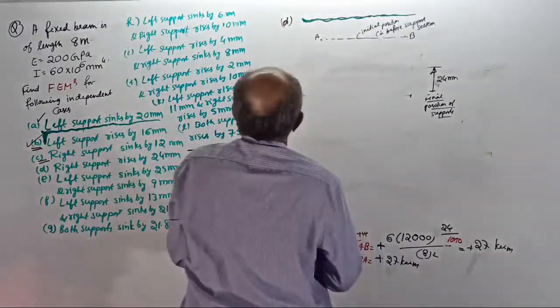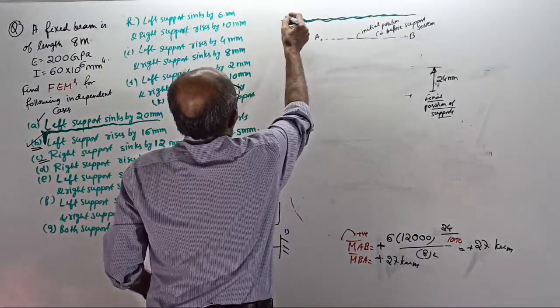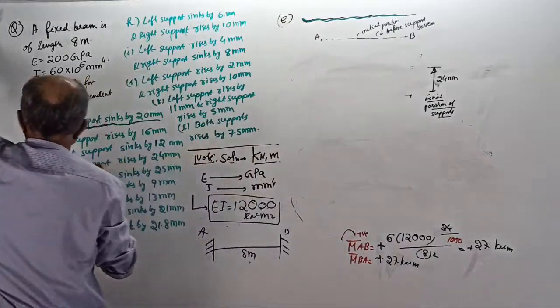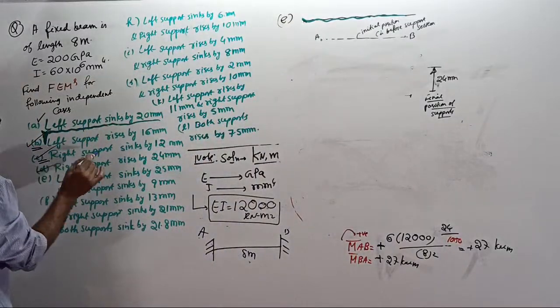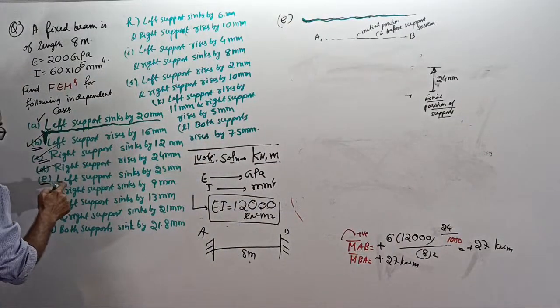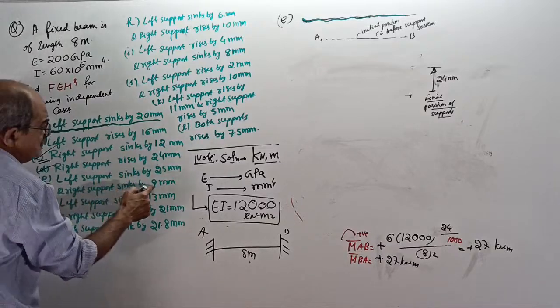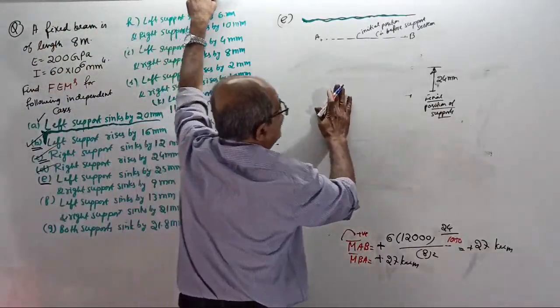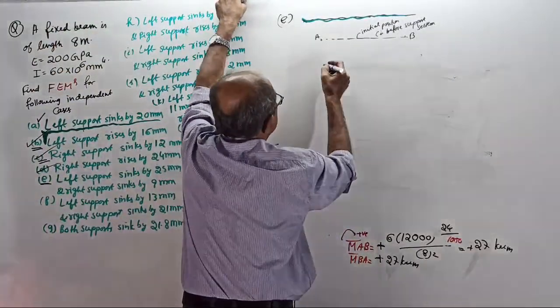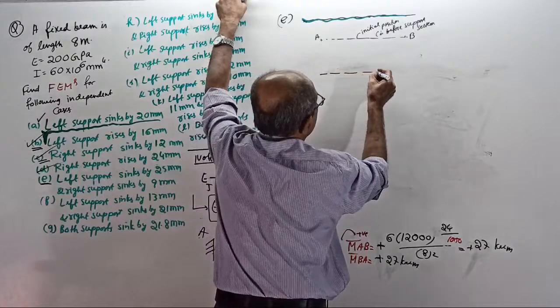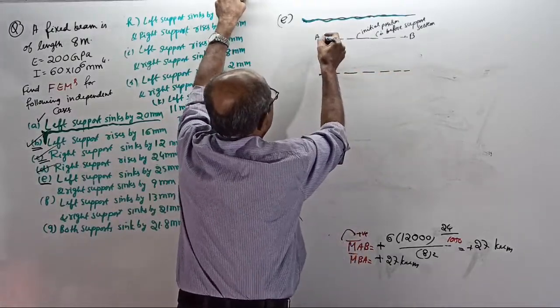Next one. Fifth, D, E. What is E? D okay. E. Left support sinks by 25 mm and right support sinks by 9 mm. Now, draw once again the initial line. Initially, A is here.